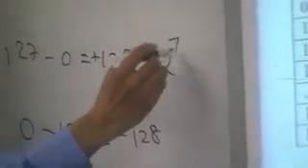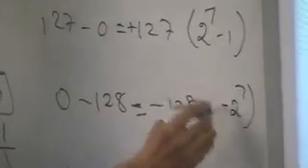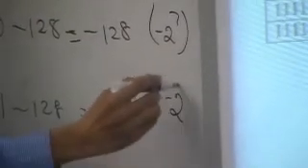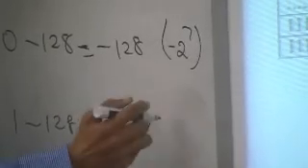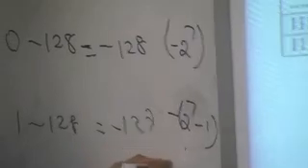So for an 8-bit quantity, this is 2 to the 7 minus 1, then negative 2 to the 7, and so on up to negative 1. For a 32-bit quantity, you have 0 to 2 to the 31 minus 1, and so on.